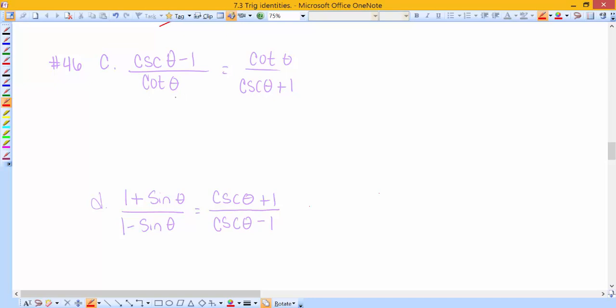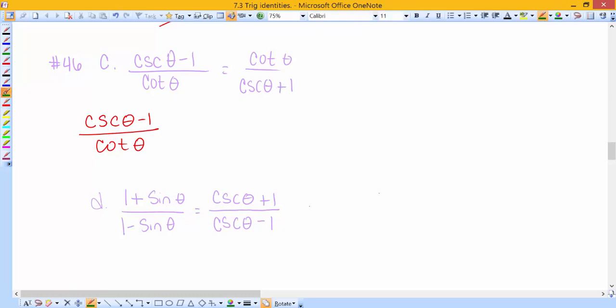I need to show the left side is going to equal the right side. We did one like this in yesterday's video for example 1. So I'm going to rewrite the left side. Well, let's see. It looks like they switched places, so I'm looking ahead. Cosecant plus 1 is on the bottom.